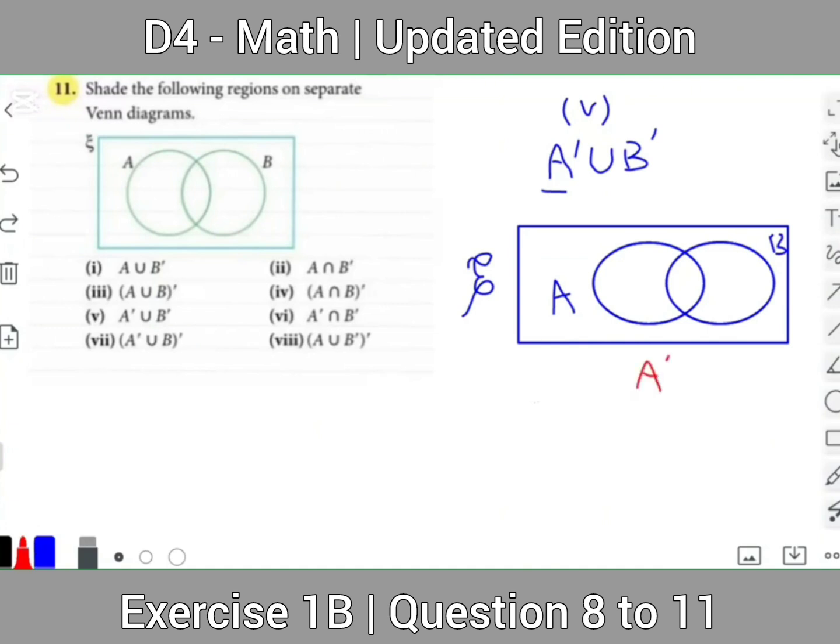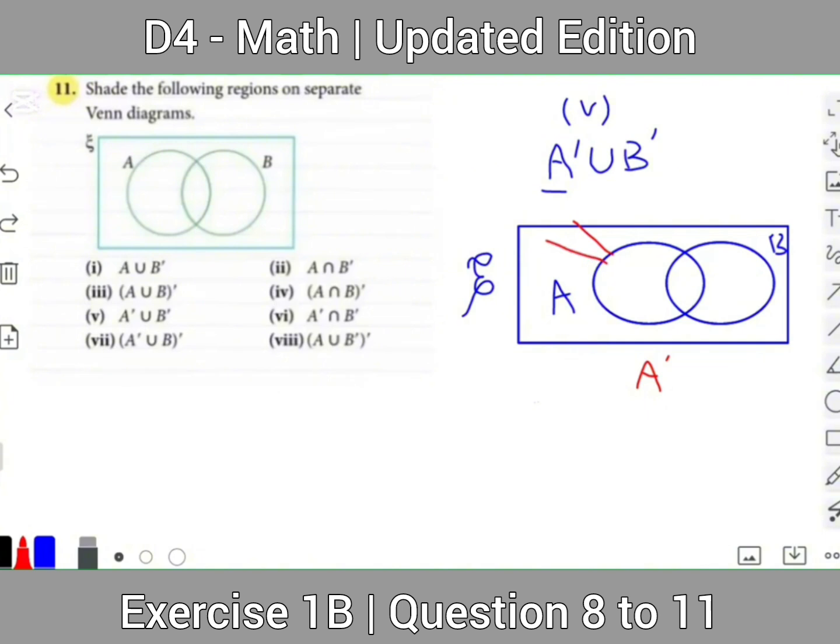So for A complement, we have to exclude the set A and shade the region of the set B and the set eta with red color.